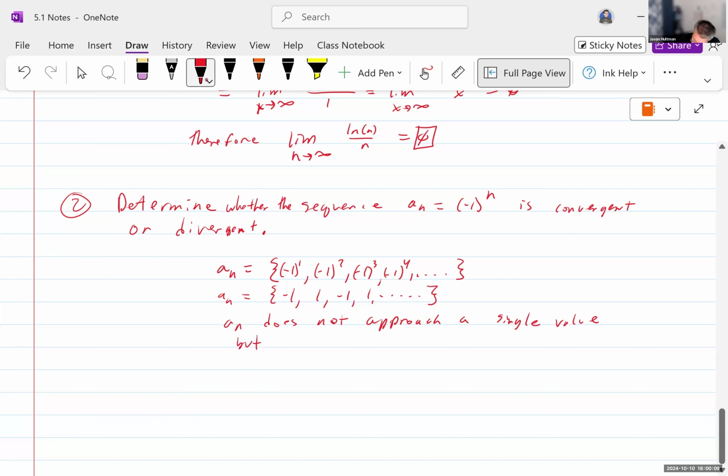It bounces between 2 values, 1 and -1. So it is divergent. So the sequence is divergent.